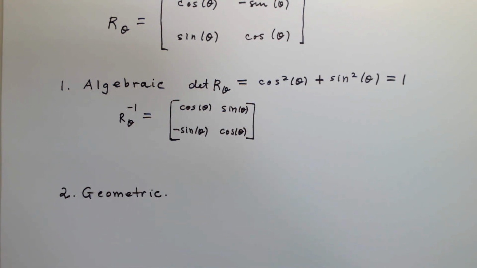Now, let's think about the problem geometrically. We know that the transformation R of theta is going to take a vector in the plane, and it's going to rotate it counterclockwise through theta. And so if we want to undo that, we know we're going to have to rotate clockwise through theta.